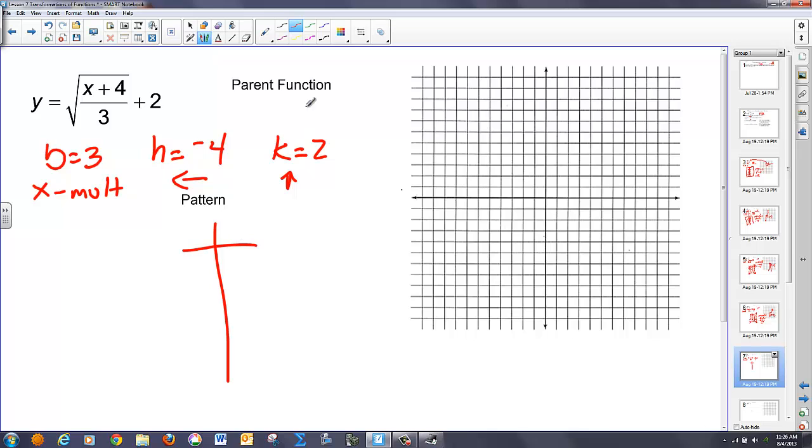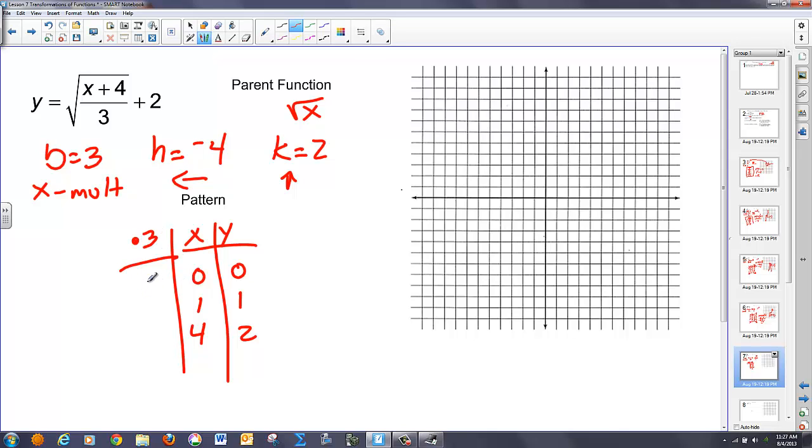My parent function in this case is root x, so x and y, 0, 1, 4, 0, 1, 2. But in this case, I'm going to multiply all my x values by a factor of 3.